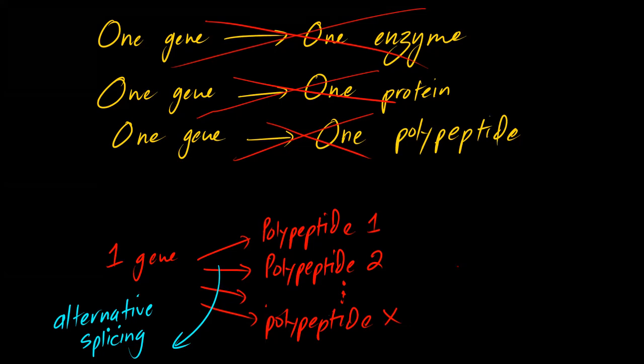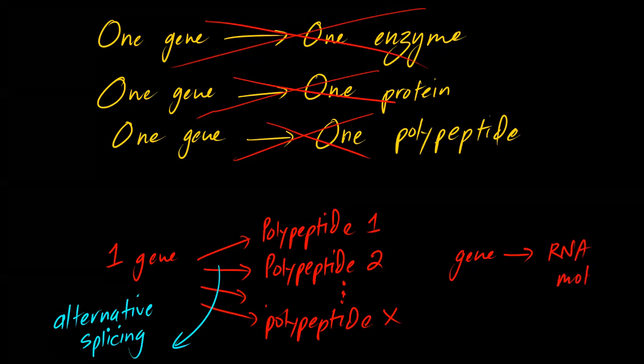So a gene might actually encode an RNA molecule only, not a protein. For example, we have genes that encode the tRNA that you learned about in Biology 101, or the ribosomal RNA, okay?